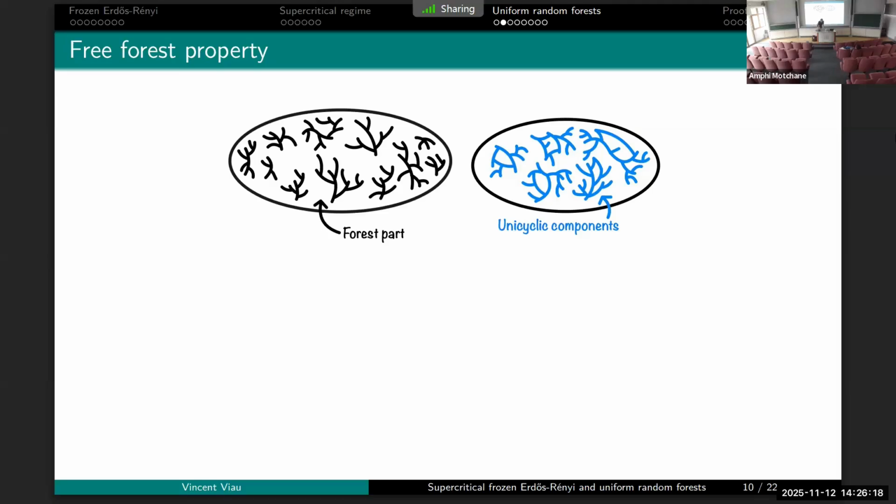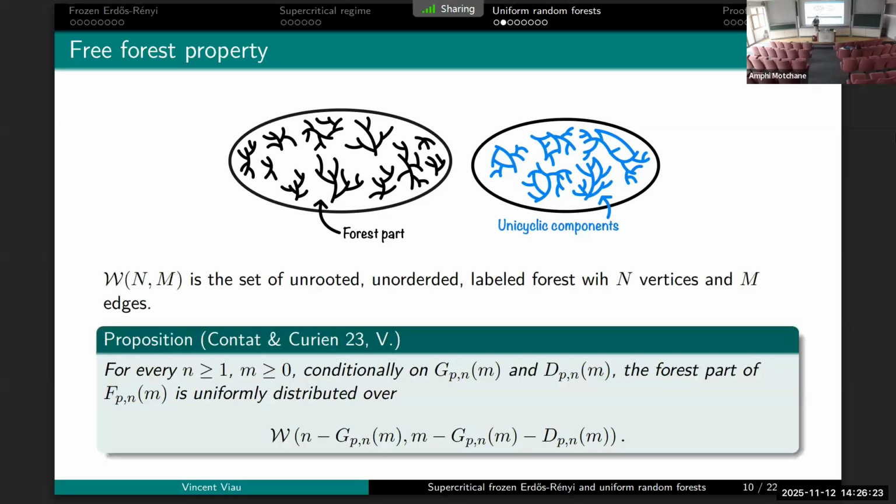The nice thing about the frozen Erdős-Rényi graph is that, after a nice conditioning with respect to the quantities G and D, the forest part of your graph is uniformly distributed over the set of unrooted, unordered, and labeled forests which contain n minus G vertices and m minus G minus D edges. So we have a forest which is quite simple to understand since it is uniformly distributed.